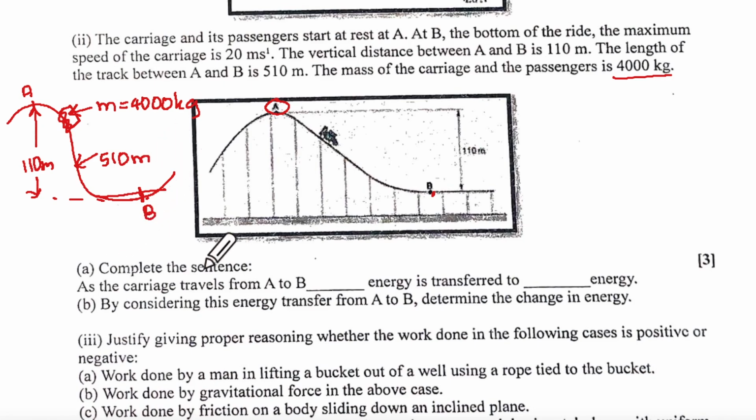The carriage travels from A to B. Gravitational potential energy is transferred to kinetic energy. You have to spell this out.